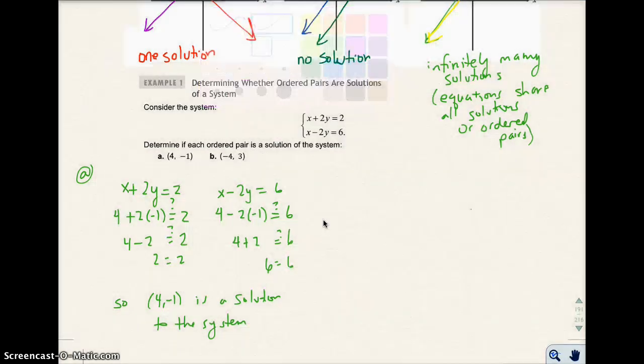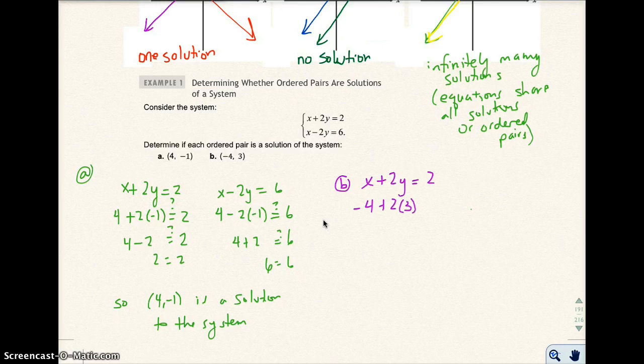Part B, I'm going to check this ordered pair in both equations, (negative 4, 3). I get negative 4 plus 6, I get 2 equals 2.